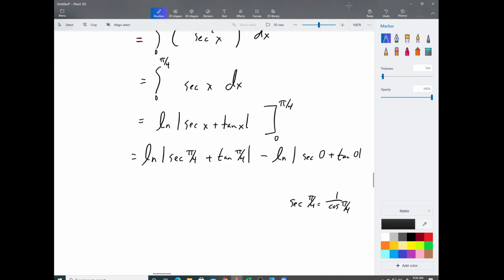Your pi over 4 on the unit circle was the same thing as a 45-degree angle. And the special triangle for a pi over 4 was your 1, 1, square root of 2.